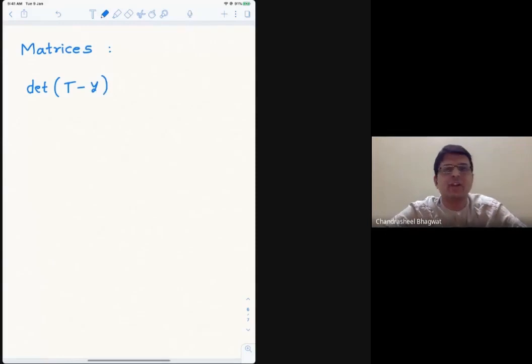So you think of y as a variable and you look at the polynomial determinant of T minus y times identity of the same order as T. So T is a square matrix, so that we can talk about determinant.